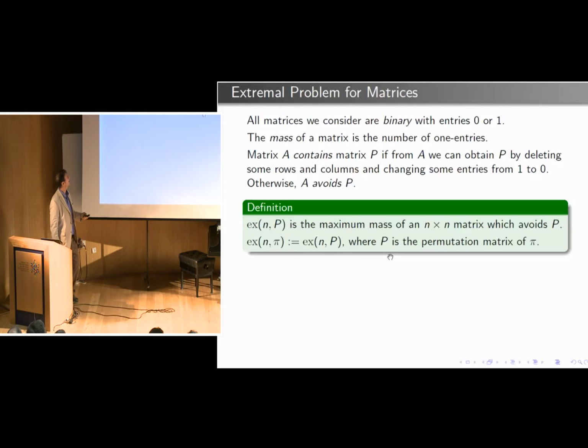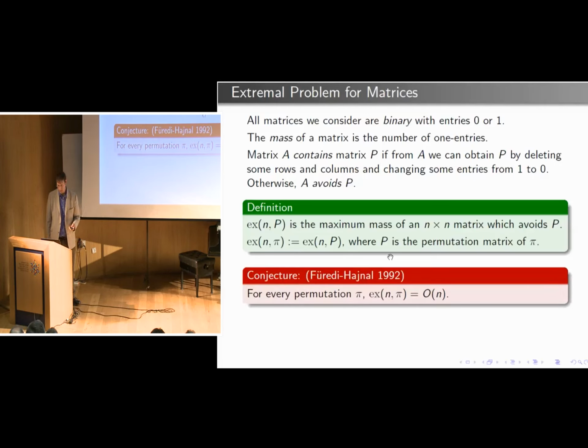Now, in the case of permutation matrices, P will be associated to the permutation pi, so we'll write ex(n, pi) for the extremal number of n and P. So P will be the permutation matrix for pi, and we'll often confuse permutations with their corresponding matrix.